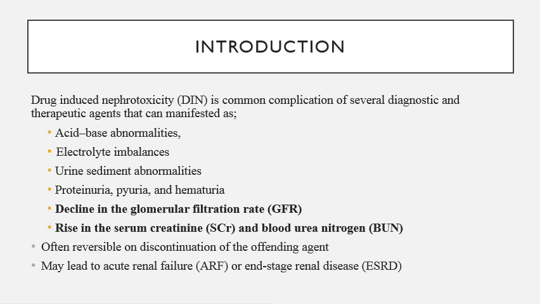Now, most of the time, this problem, the drug-induced nephrotoxicity or drug-induced kidney disease, is treated, or the functioning of the kidney comes to the normal level if the offending or causative agent is removed.